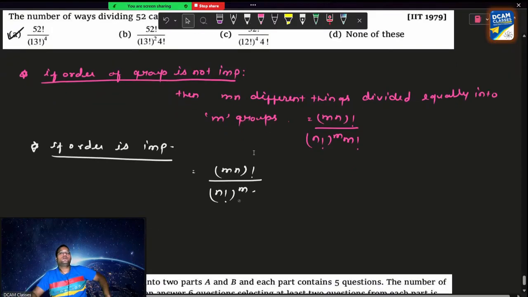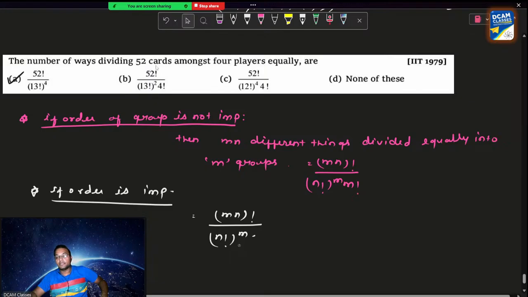Wherever you keep the group, it's not a problem; in that case you do not have to multiply, just divide. When the order is important, the first place is reserved for the first group, and in this case, order is important.